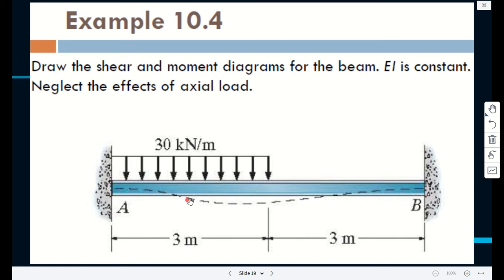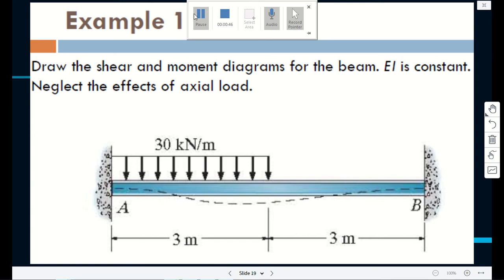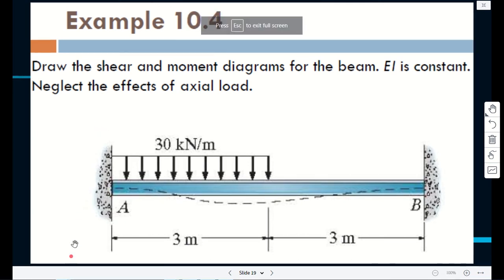What is VA and VB? Yes. You can start by finding the support reactions at A and B.